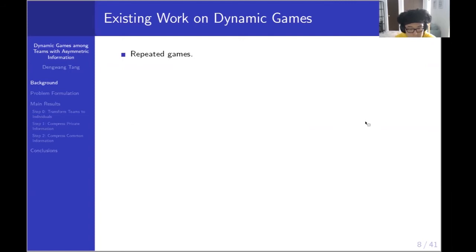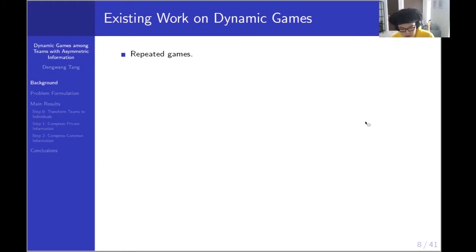So let me talk about some existing work on dynamic games. Dynamic games, of course, is a huge field and a huge research topic in game theory and economics. Economists have been analyzing dynamic games for years.